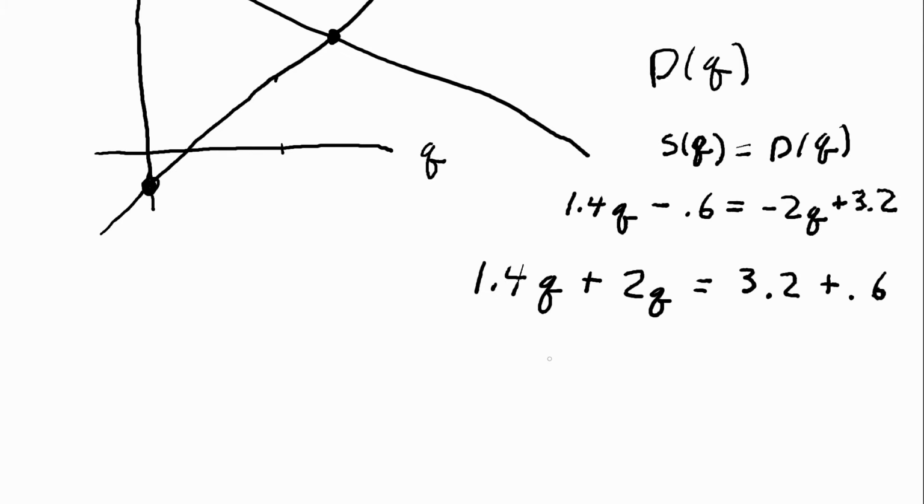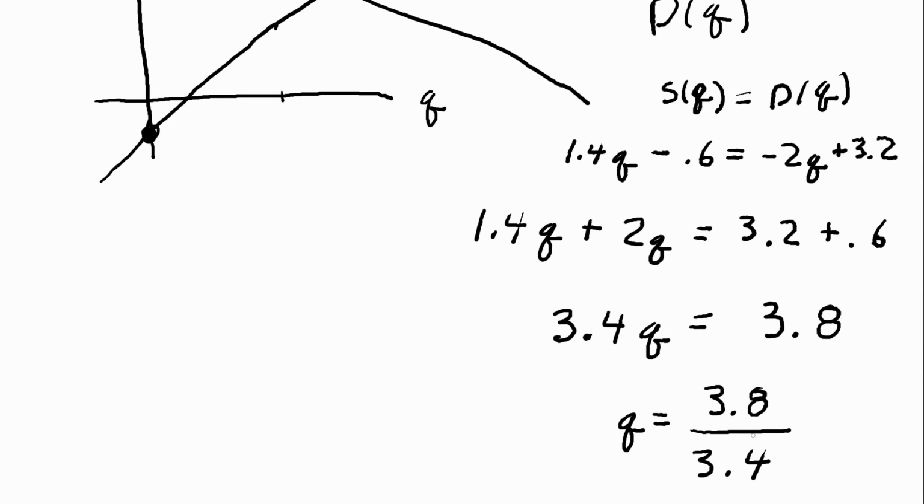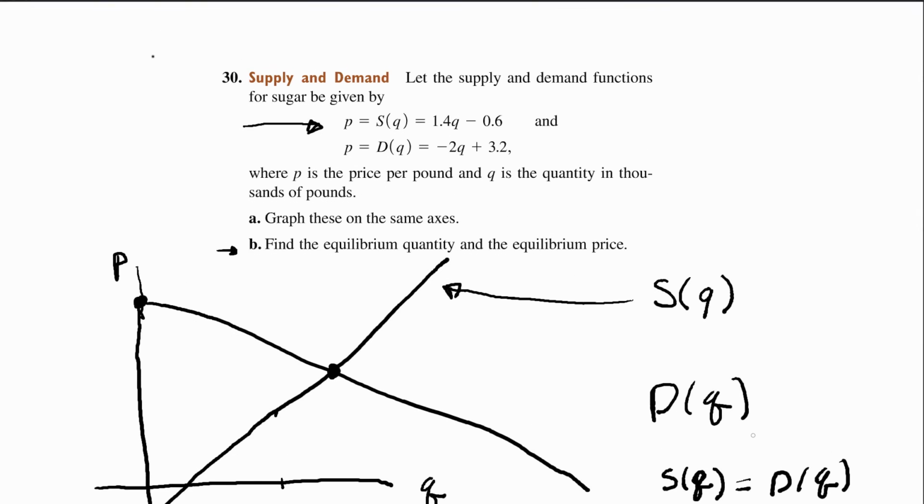And so what we see is we get 3.4Q is equal to, this would be 3.8. So dividing both sides by 3.4, we get our quantity Q, which is equal to 3.8 divided by 3.4.